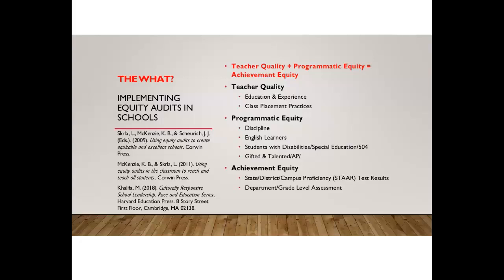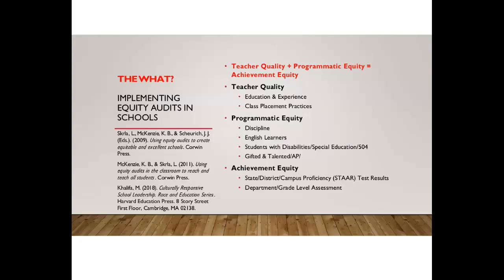What am I doing? How do I address discipline? What do my numbers look like? Do I have a bias towards boys of color? Do I have a gender bias? How do I address and how do I support my English learners in my own classroom? What about my special needs students, my students with different abilities, my special ed students? Are my GT students ignored? So all of this work, before it becomes external, becomes a really powerful place of being internal.